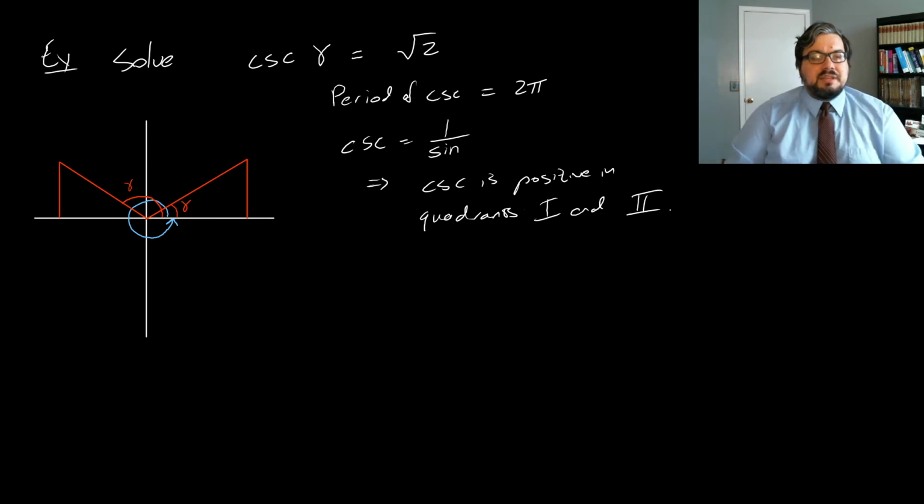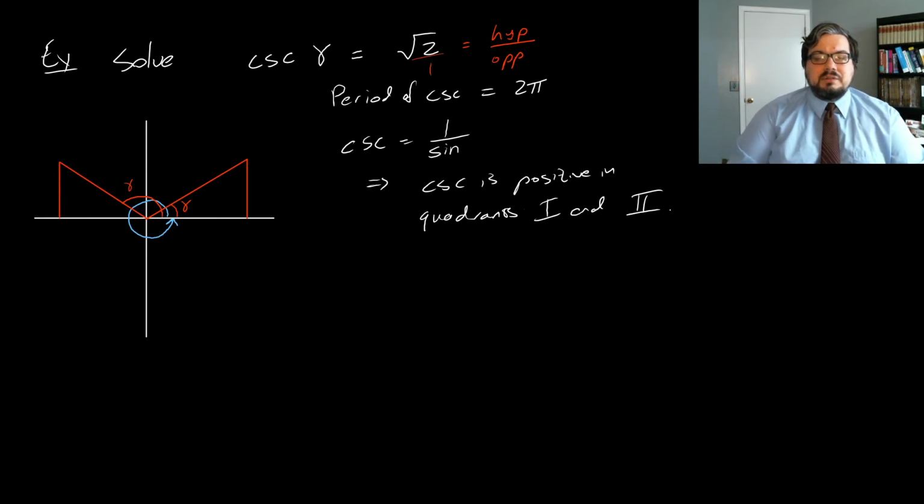Now, in order for this to work, we need to construct these triangles in such a way that they have a cosecant of square root of 2. Now remember that cosecant is 1 over sine, and therefore cosecant is hypotenuse over opposite.